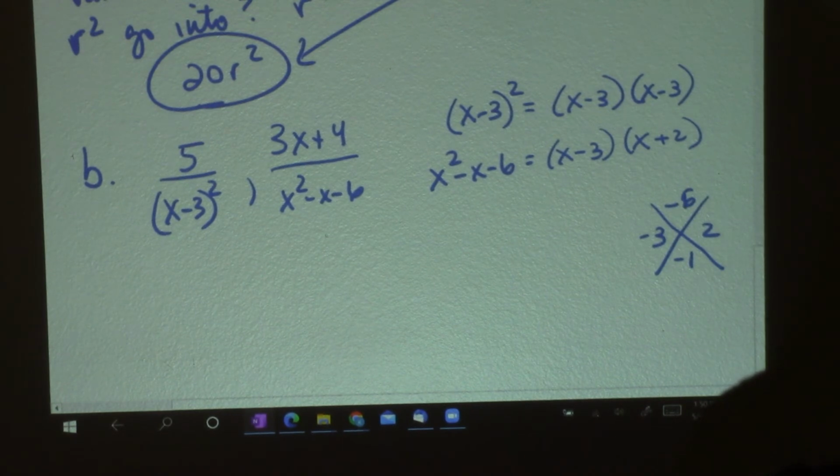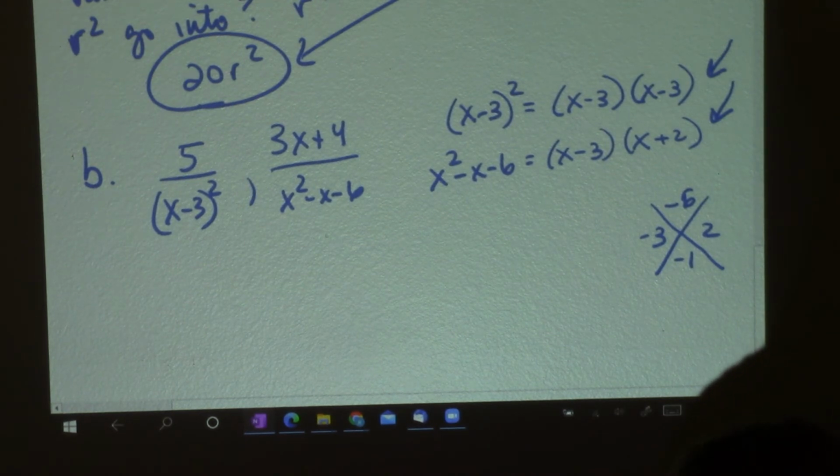Okay, so the least common denominator means what is the smallest expression that will include all the parts of both denominators, okay? So I'm looking here and I'm saying, all right, I've got 2 x minus 3's there. So whatever my answer is, I have to have at least 2 of those.